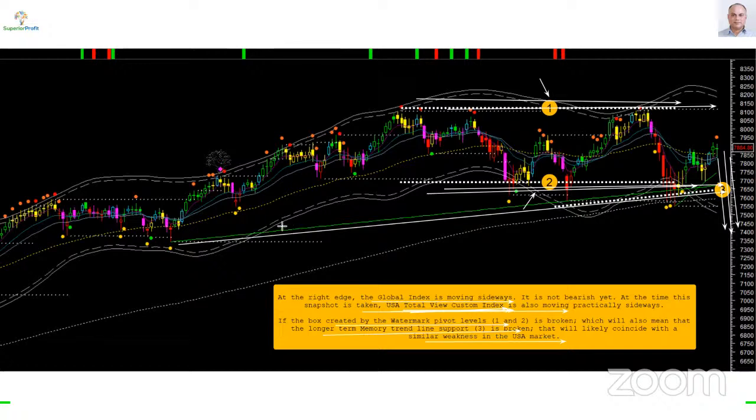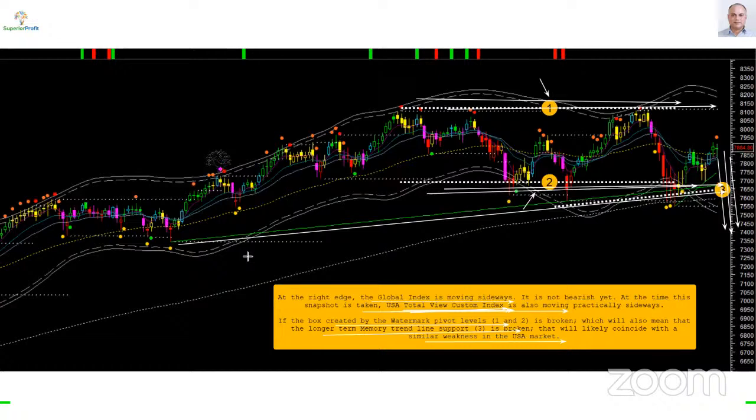Why is the global index important? Though the USA market is the biggest one, one reason is they all open before the USA market. They close before the USA market. So you can anticipate sometimes what is going to happen, especially when the global index has very big moves up or down or a breakdown below a level. In fact, yesterday I was talking with a trader in the USA and I noticed the global index recovered.